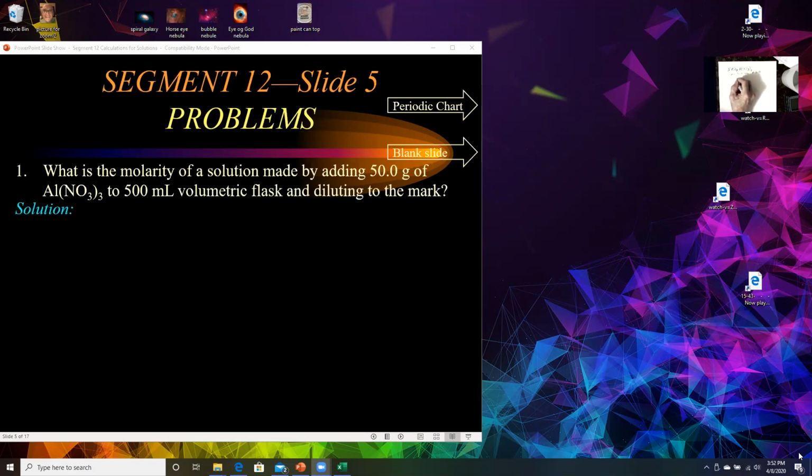And I want to know what is the molarity of Al(NO3)3. Okay, there we go. I've got the data collected and recorded.